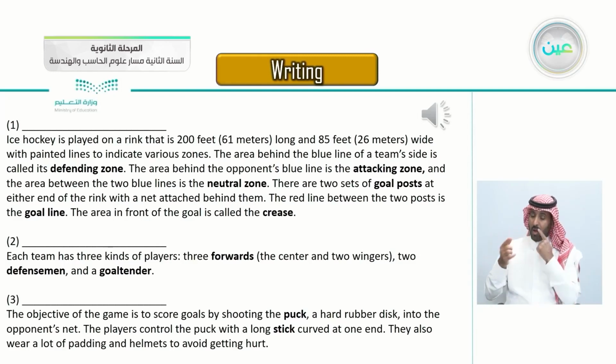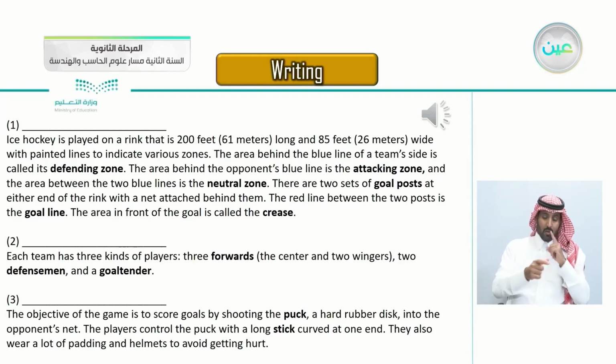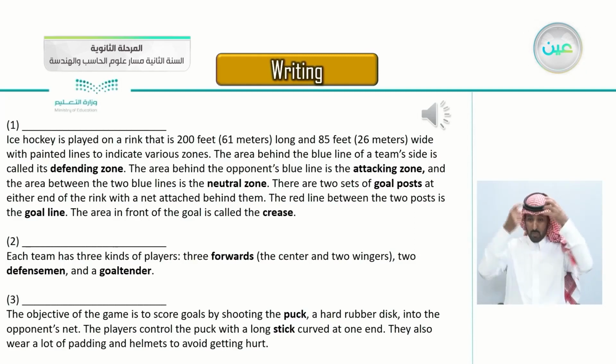The red line between the 2 posts is the goal line. The area in front of the goal is called the crease. Each team has 3 kinds of players, 3 forwards, the center and 2 wingers, 2 defensemen, and a goaltender. The objective of the game is to score goals by shooting the puck, a hard rubber disc, into the opponent's net. The players control the puck with a long stick curved at one end. They also wear a lot of padding and helmets to avoid getting hurt.